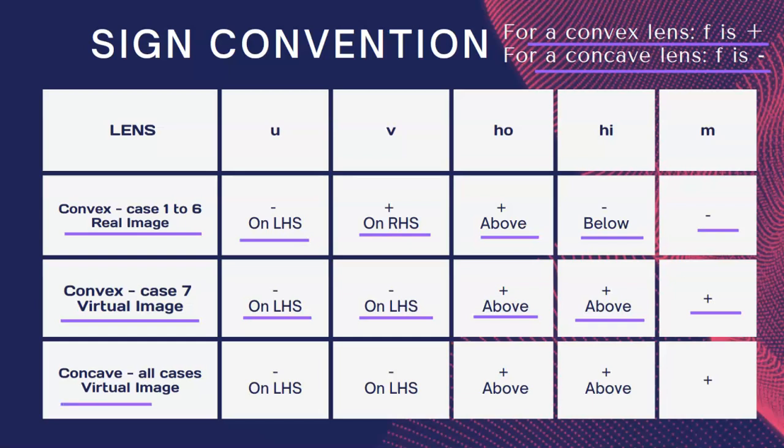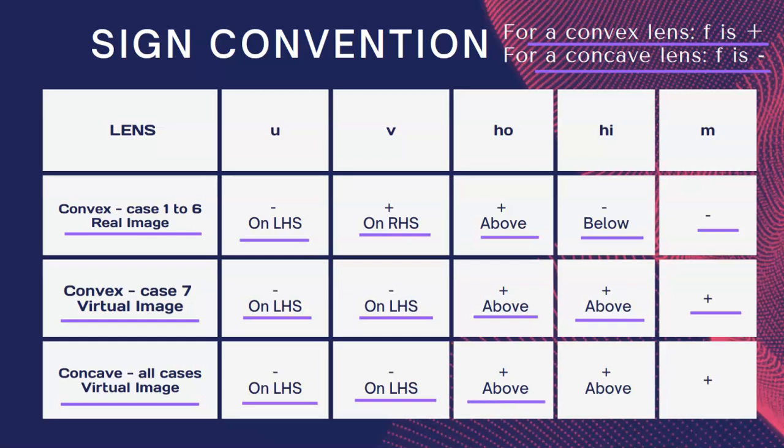Concave lens, both the cases form virtual image. U, object is always on the left hand side, so U is negative. V, image is also on the left hand side because it is virtual and hence V is negative.